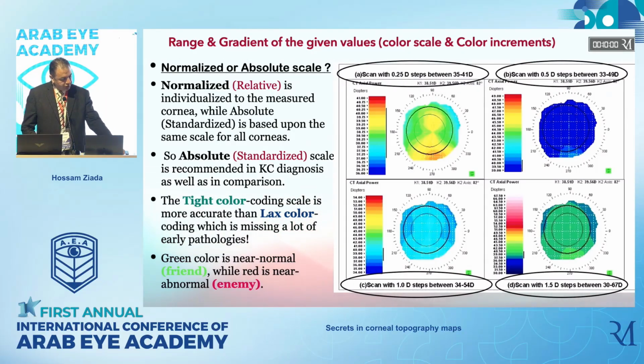The absolute scale is recommended in keratoconus diagnosis as well as in comparison. And don't forget that the tight color coding scale is more accurate than the lax color scale, which misses a lot of early pathologies. The green color is friendly while the red is the enemy. Hence, you have to review this point when reading your Pentacam.